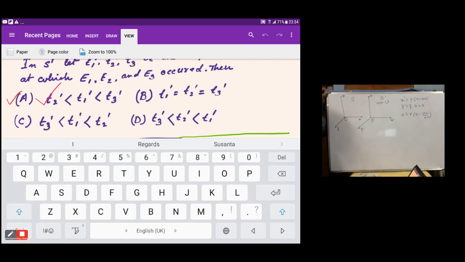These are the four relations you must write.